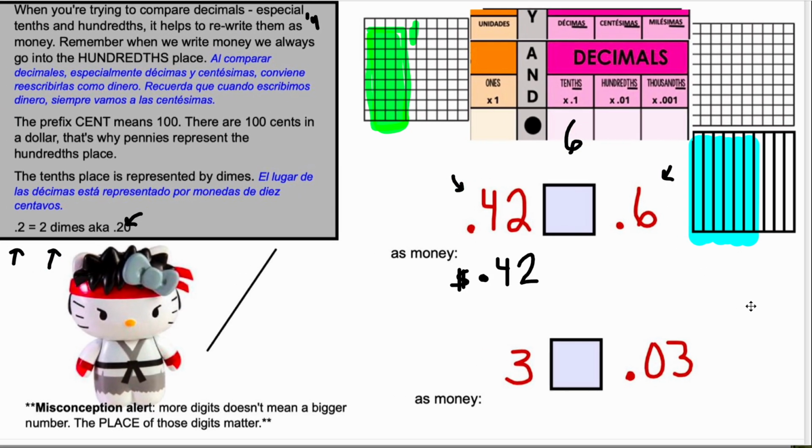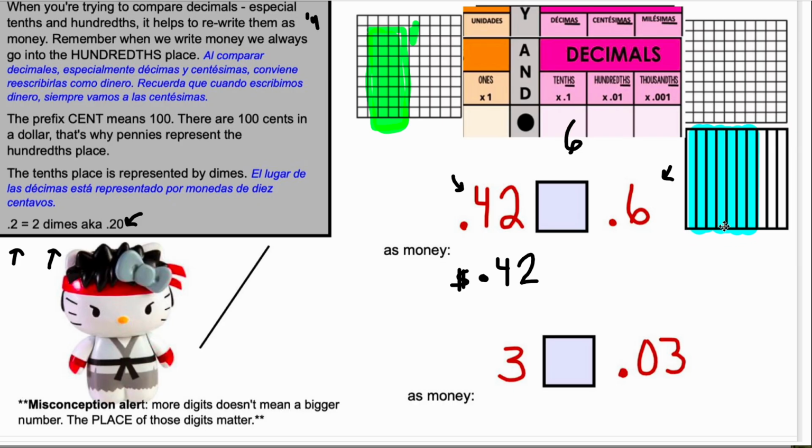I know a dime is 10 cents, so that's like saying 10, 20, 30, 40, 50, 60 cents. And you can see that it's equal to 60 hundredths. 6 tenths is equal to 60 hundredths.